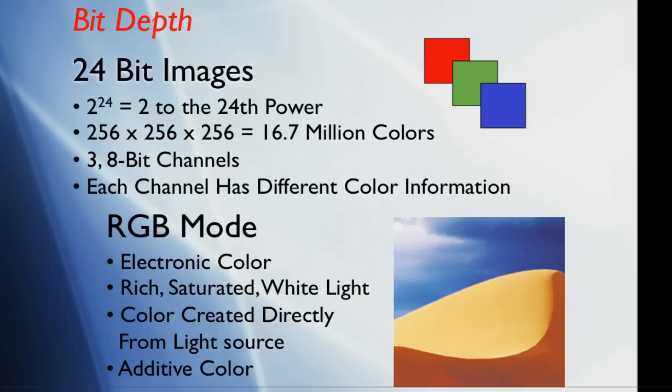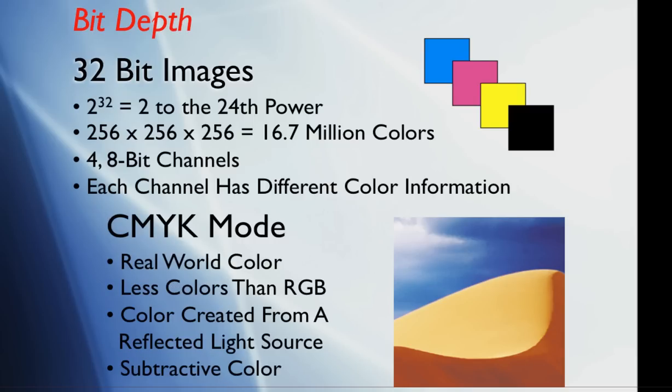And so when we convert images to CMYK, we have what is called a 32-bit image. And 32-bit images, or CMYK mode, is really much more akin to what we all learned in the first grade about blue, red, and yellow. And in fact, the colors are a variation of that.